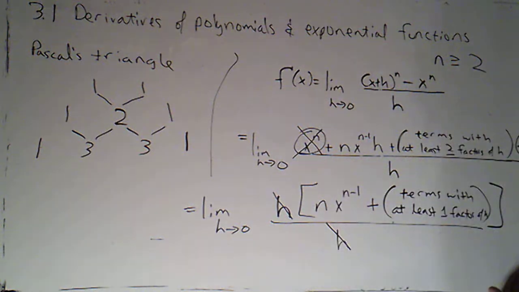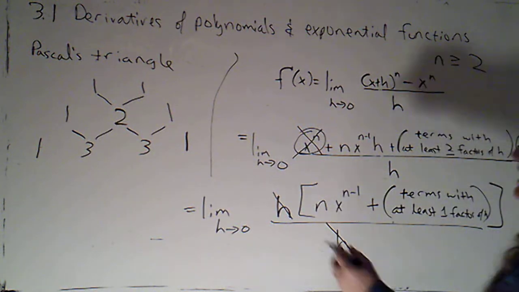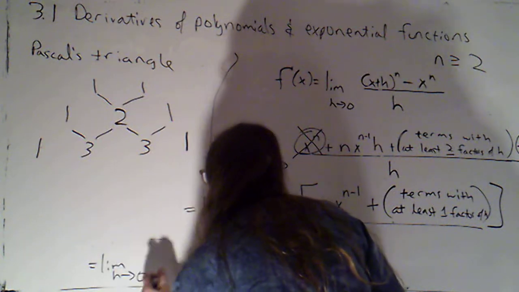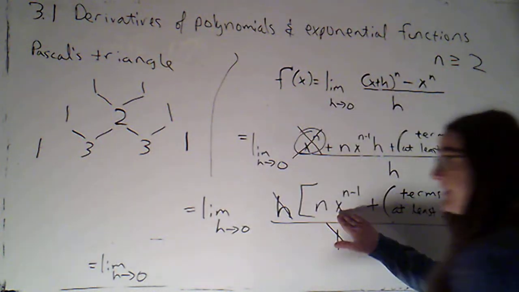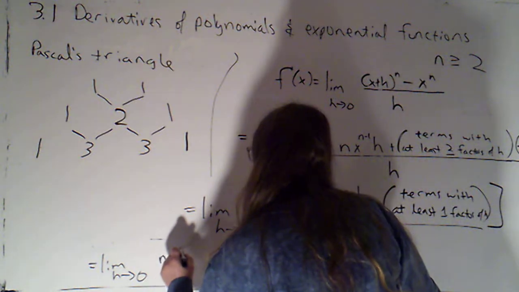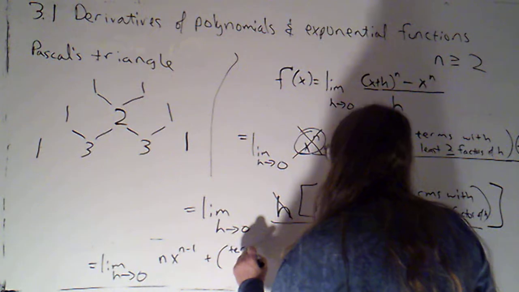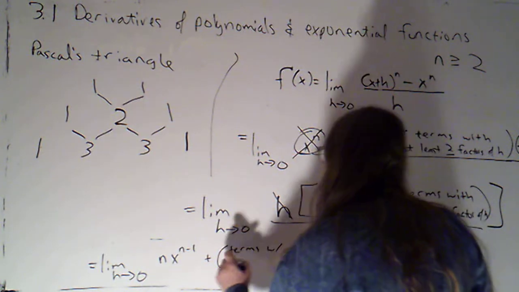I can cancel that h. And so now we've got the limit as h goes to 0 of n times x to the n minus 1 plus terms with at least one factor of h.